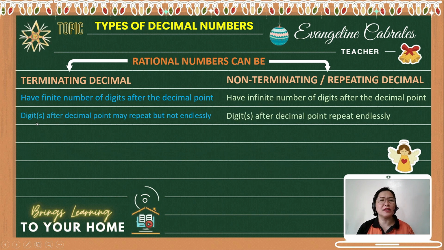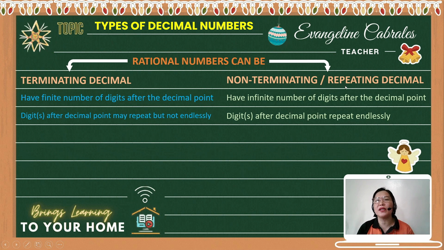Terminating decimal is a digit or are digits after decimal point that may repeat but not endlessly. Pwede rin daw umulit ang terminating decimal, pero natatapos o may katapusan. Siya ay umuulit na digit na may katapusan o umuulit na digit na natatapos.